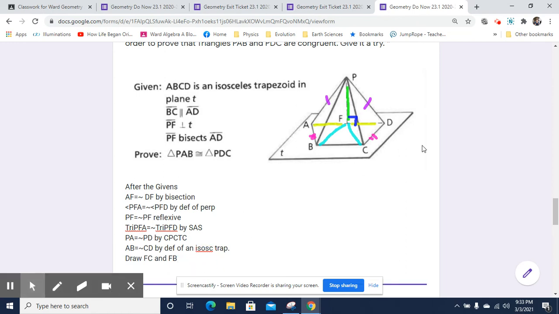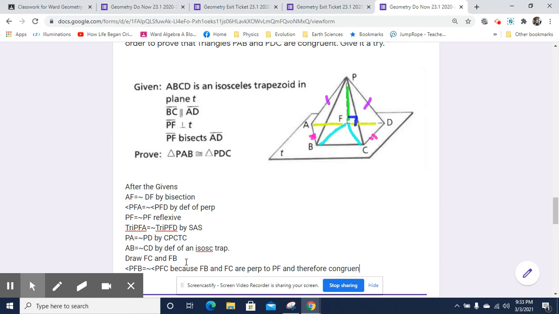What we can say, and I haven't proven yet that these sides are congruent, but we will in a second, is that angle PFB is congruent to angle PFC because FB and FC are perpendicular to PF and therefore congruent because they are right angles.